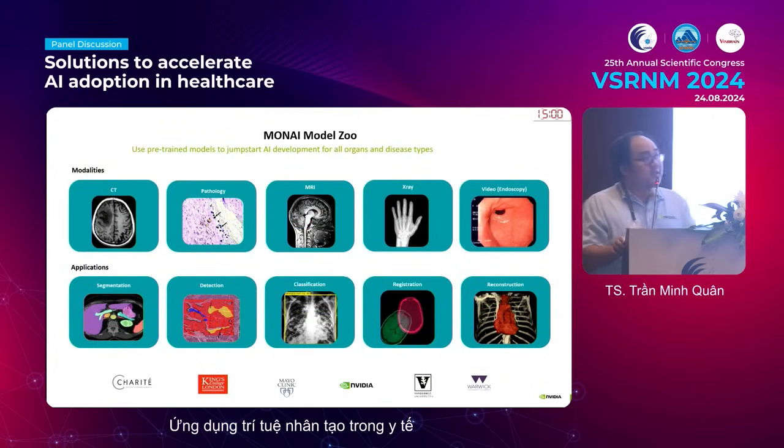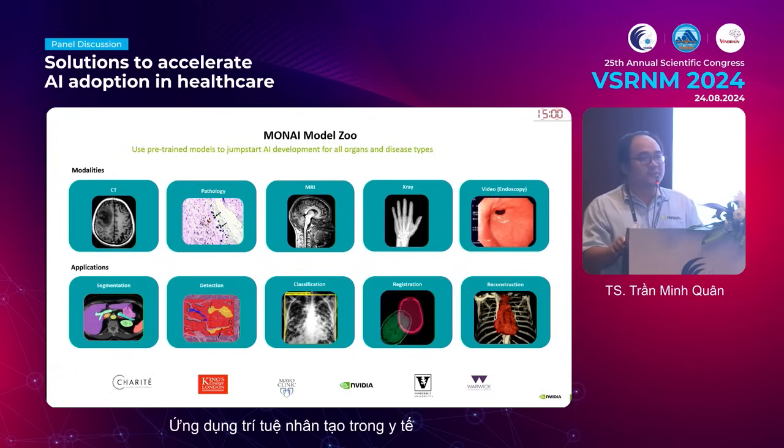So we test this Monai workflow across multimodality, including MRI, CT, pathology, X-ray, endoscopy, and across multiple tasks, including segmentation, detection, classification, registration, as well as reconstruction.